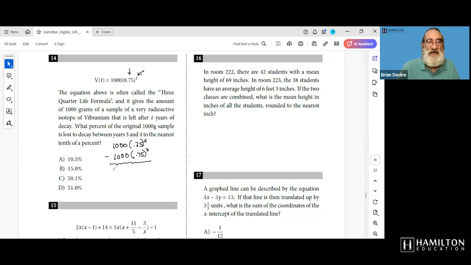And if I look at that, that's the same as 0.75 to the 4 minus 0.75 to the 3. And I can put that into a calculator and I get negative 0.105-ish, which would be minus 10.5%. So we lost that much.